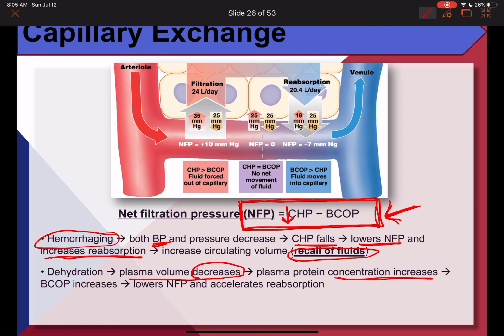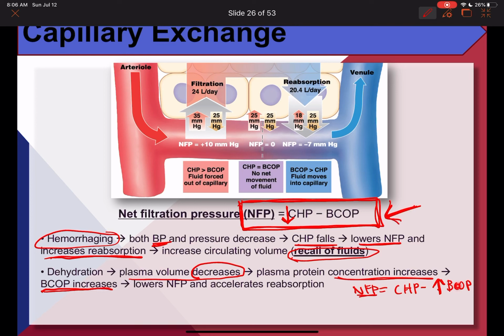So BCOP would increase because now you have more solutes per unit of volume, which means more osmotic pressure will be created. Now let's look at NFP equals CHP minus BCOP: we're subtracting a bigger number, so what will happen to NFP?